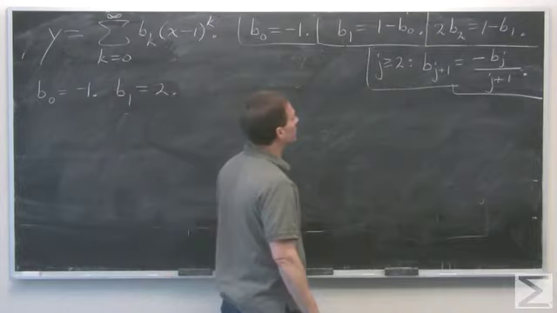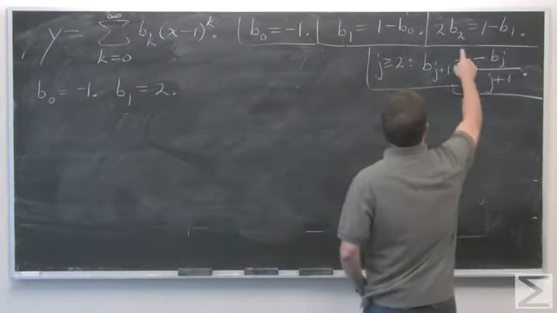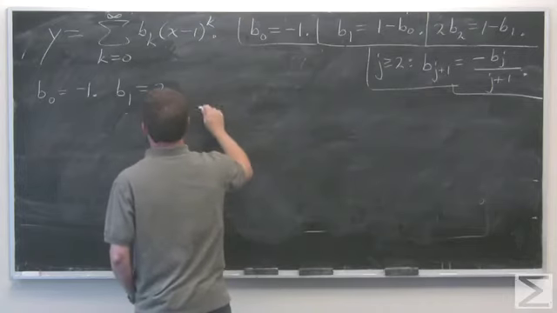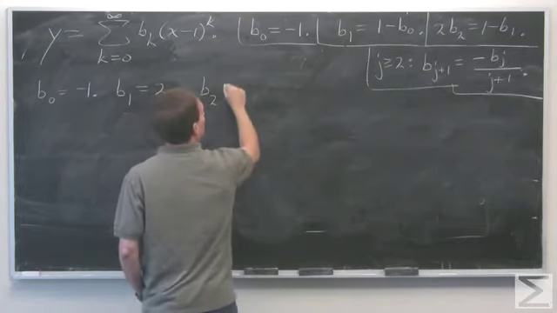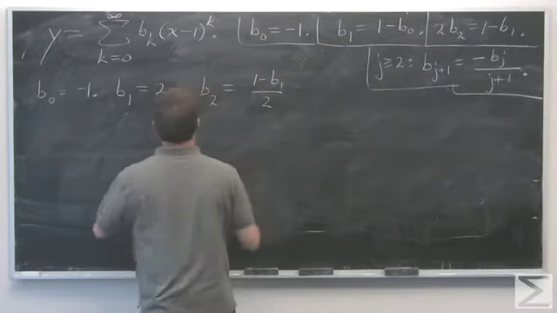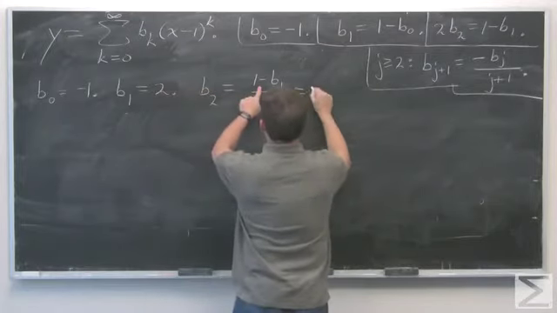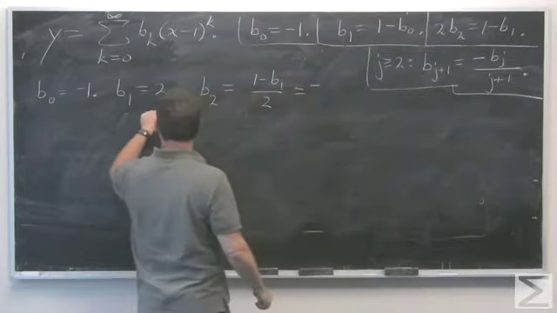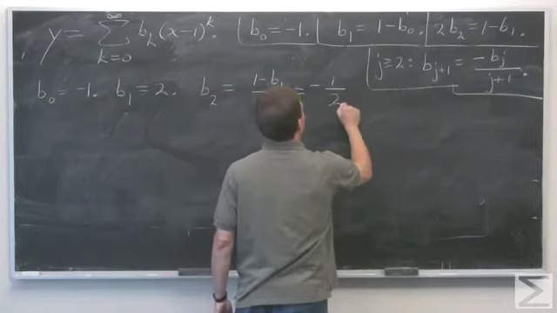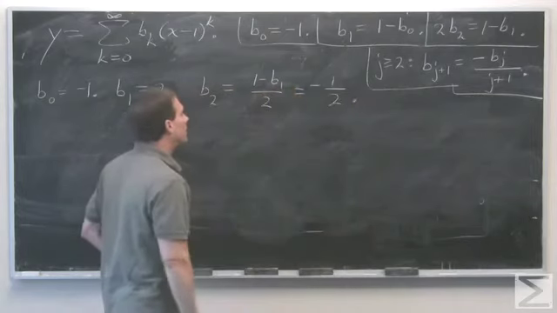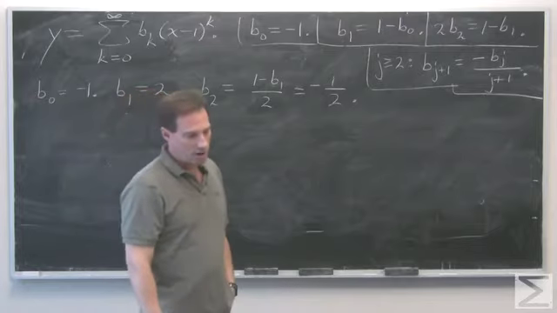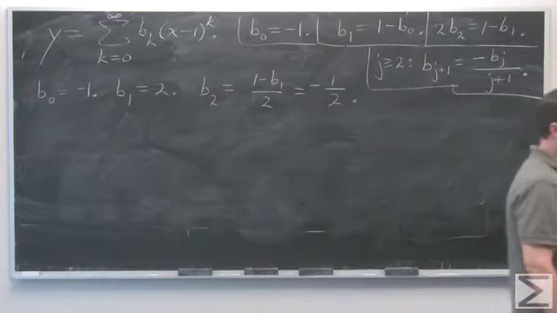After that, we get 2B2, so B2 is 1 minus B1 over 2. B1 is 2, so we get minus a half. We get that. And then we can start using our other iterative formula.